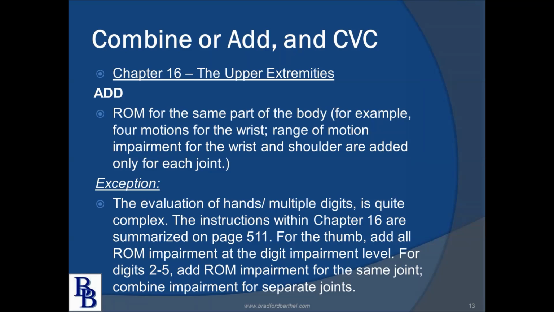But ultimately it says for the thumb, you add all range of motion impairment, the digit impairment level. For digits 2, 3, 4, and 5, so the other 4 fingers, you add them for the same joint and you combine them for separate joints. So it's no real standard format even between the thumb and the other fingers. So if you're rating a hand, multiple digits, check the instructions in the guides.